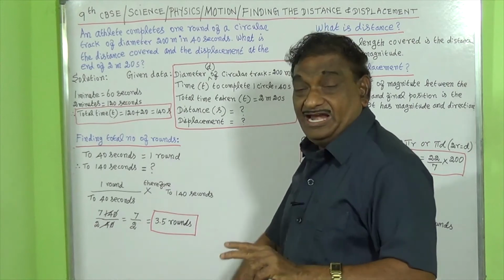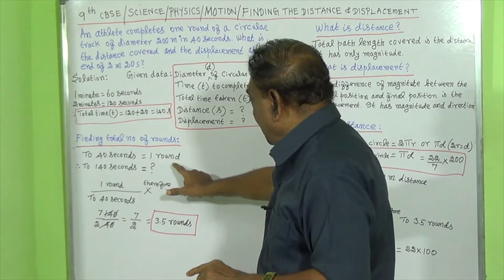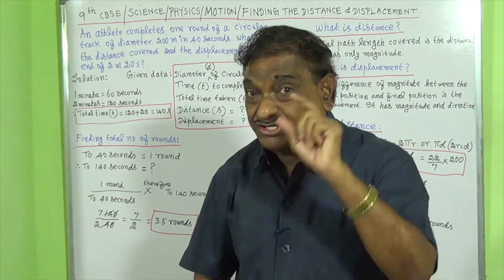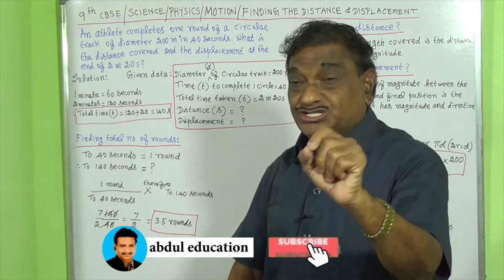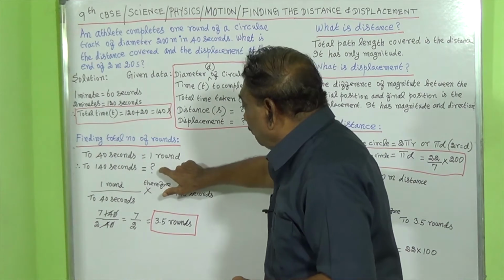So in our hands, we are having two equations. In the first equation, both data are available. In the second equation, only one data is available. The remaining data we have to find.